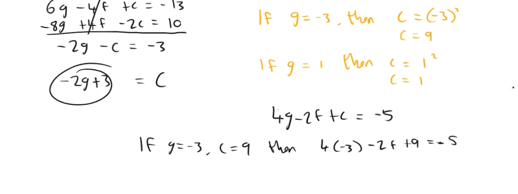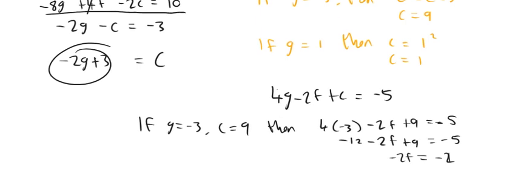So that's minus 12 minus 2f plus 9 is equal to minus 5. If I bring across the 12, it becomes 7, and subtract 9 is minus 2, so minus 2f is equal to minus 2. So f is equal to 1.